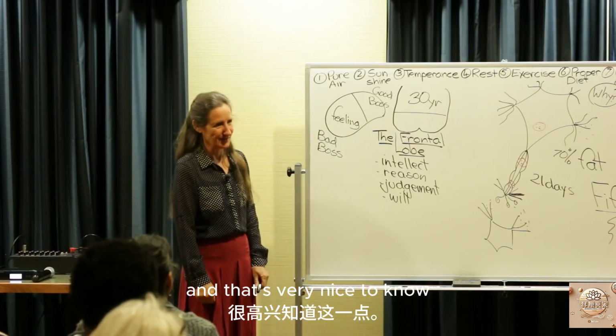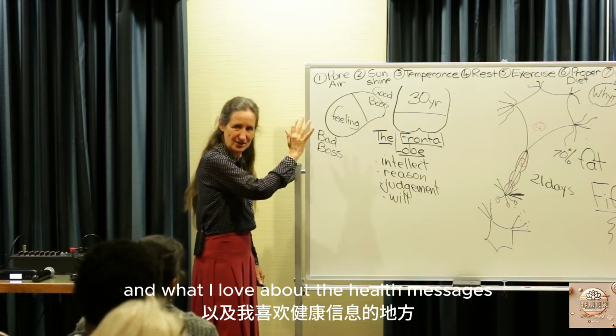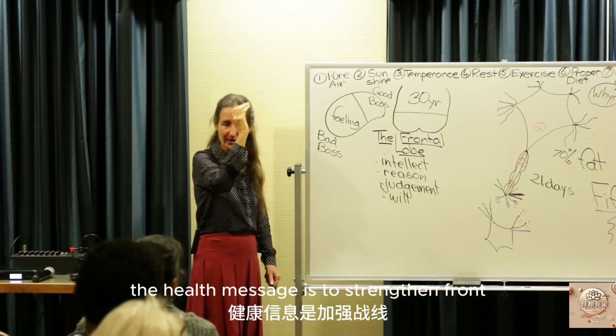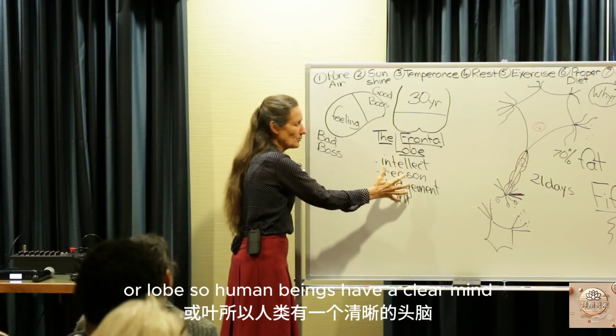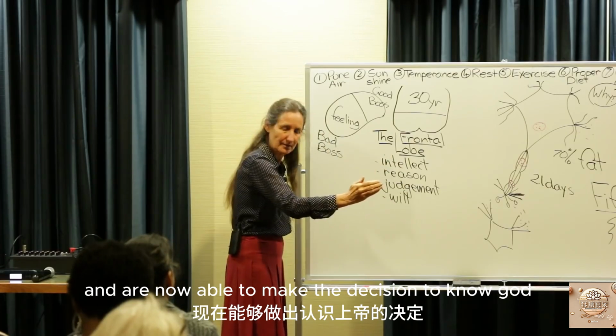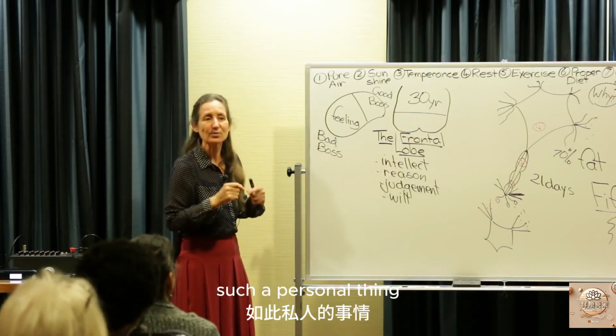And that's very nice to know. And what I love about the health message is, I believe the ultimate aim of the health message is to strengthen the frontal lobe so human beings have a clear mind and are able to make the decision to know God. Such a personal thing.